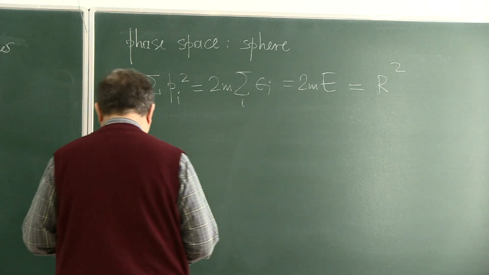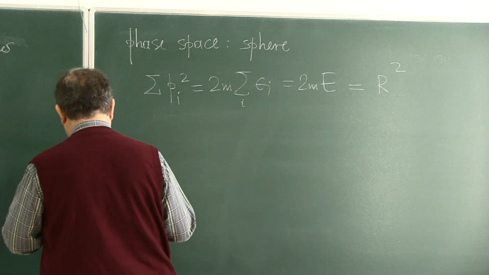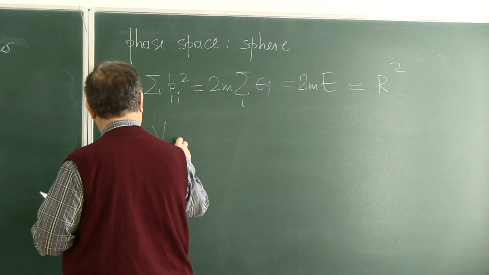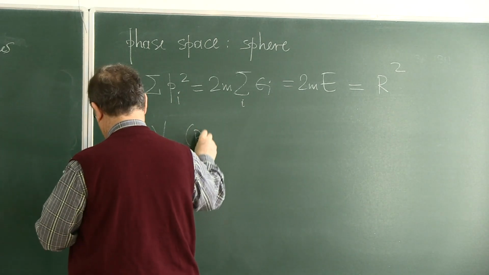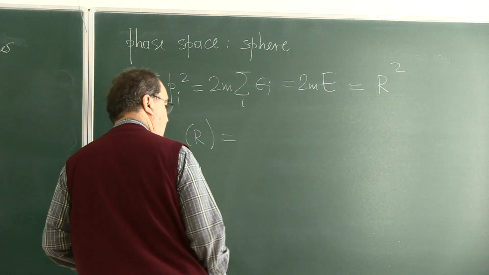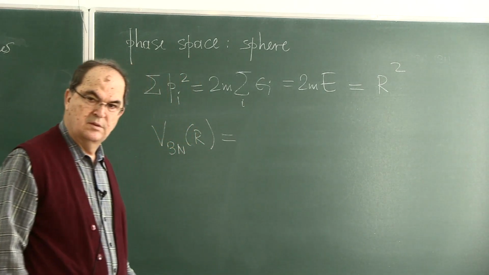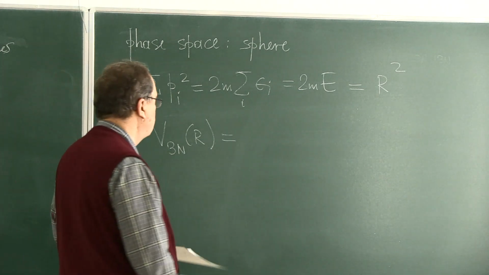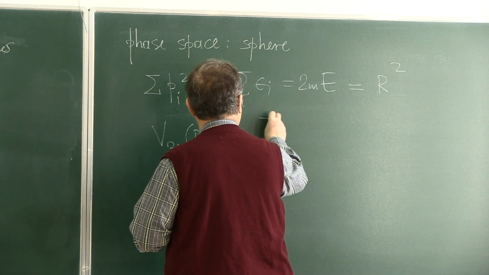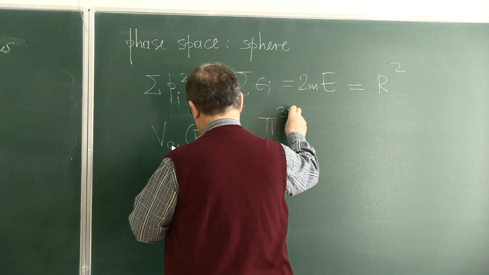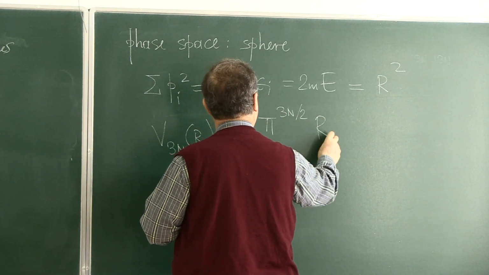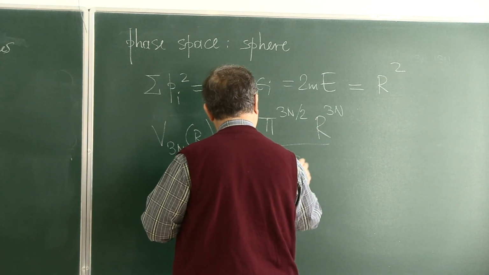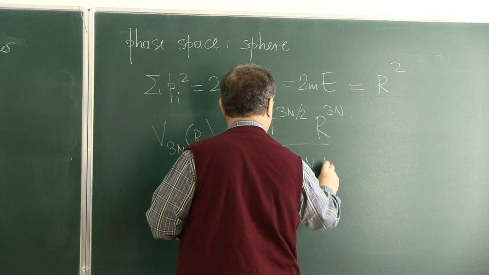So, let's calculate the total volume in momentum space. I gave you the expression from your book. That is pi to the 3n over 2, r to the 3n, divided by 3n over 2 factorial, isn't it?